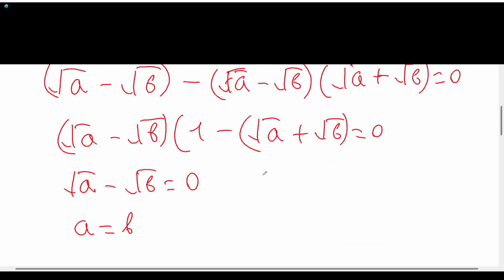Before doing that, we have to solve the second expression by equating it to 0. So square root of a plus square root of b has to be equal to 1.